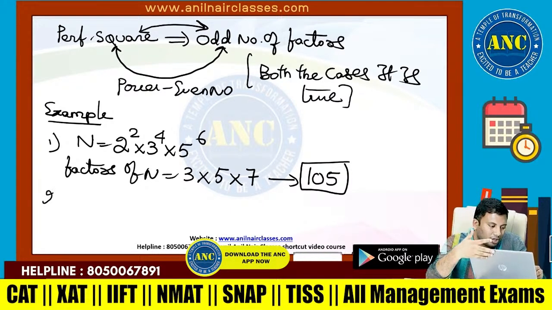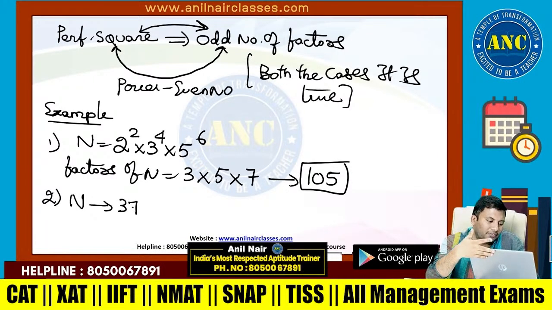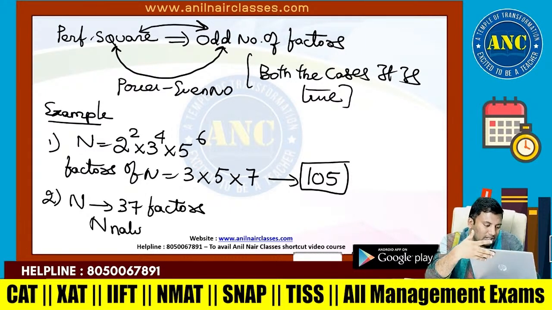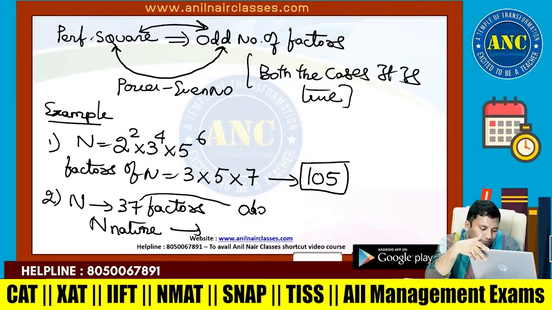Next one. If n has got 37 factors, what is the nature of n? Some options are given: perfect square, perfect cube, 4th power, 6th power. 37 is an odd number.